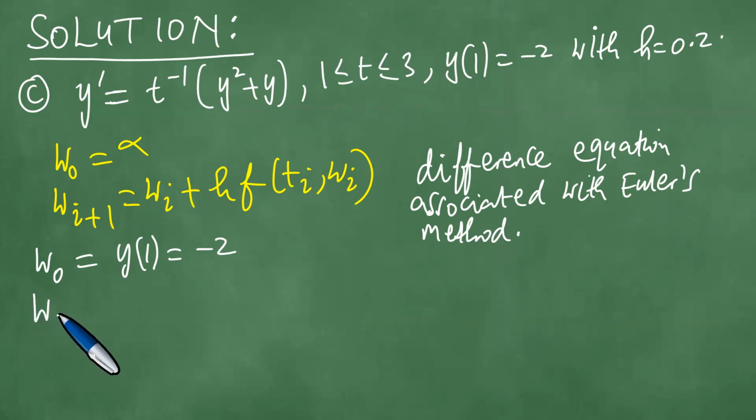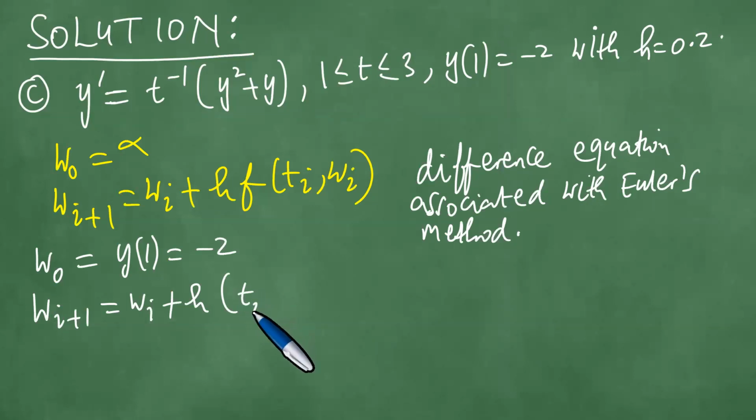So let's look at W1. First, W_{i+1}, which is W_i plus H times F. Let's look at F. What is F(T_i, W_i) here?